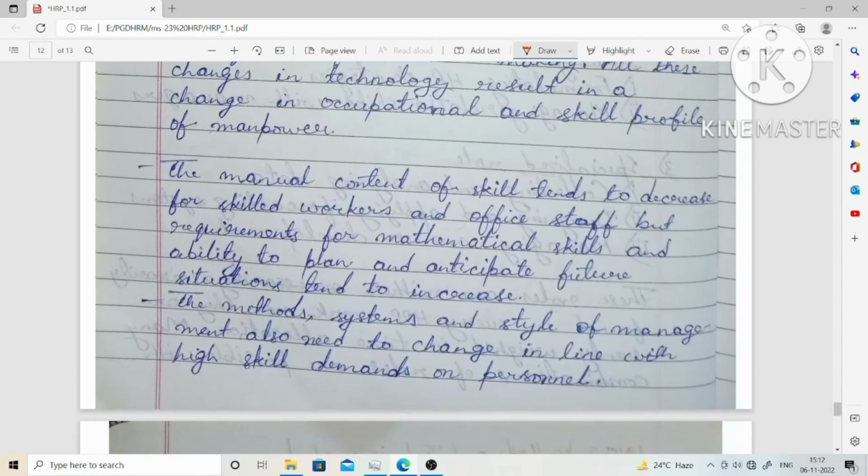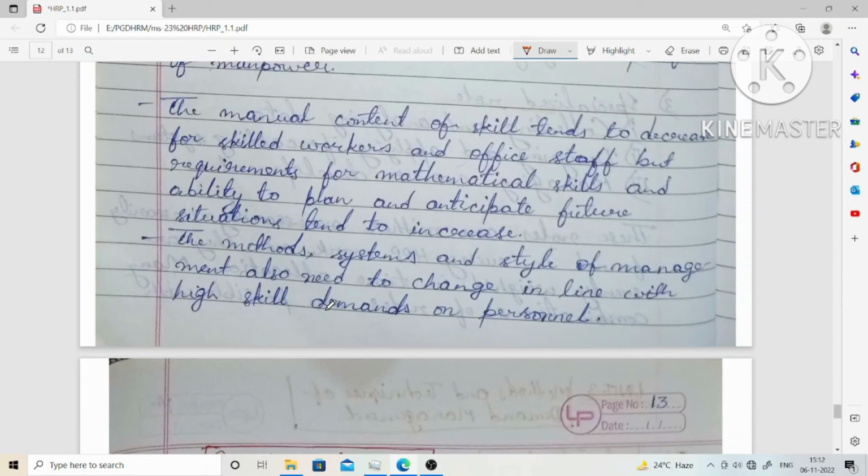Manual content of skill tends to decrease for skilled workers and office staff. Whatever manual work there is, that is going to decrease, and that has already decreased a lot. The requirement of skilled workers has now decreased.